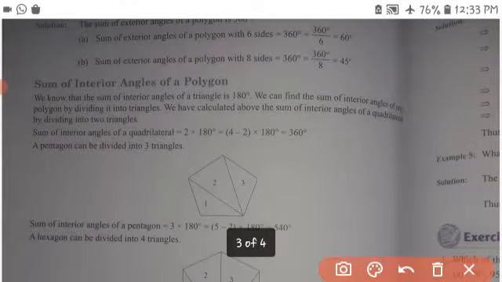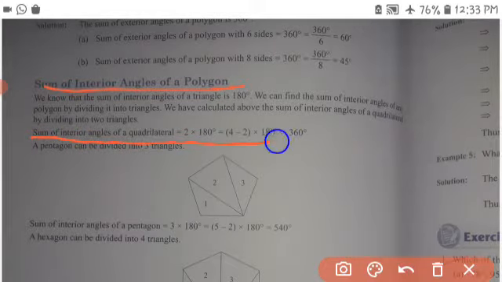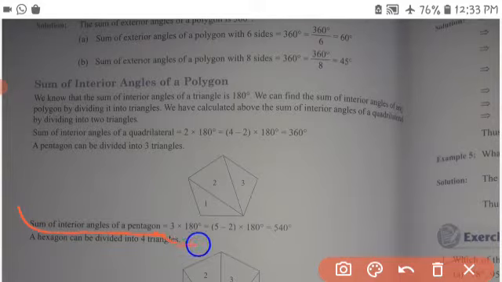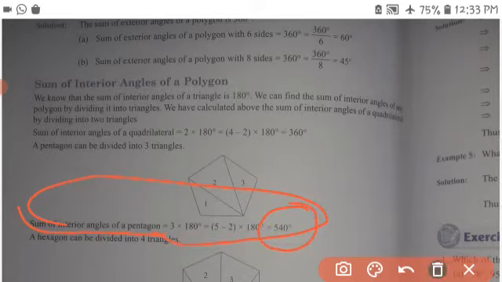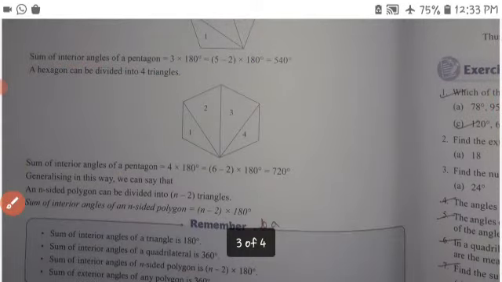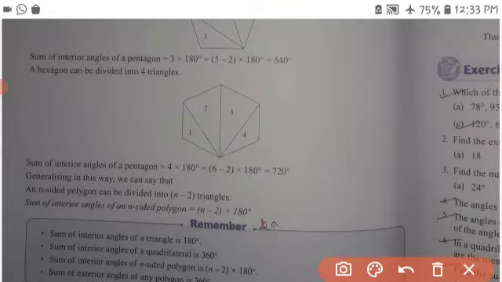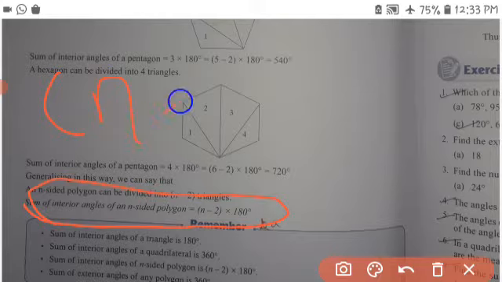Sum of interior angles of a polygon. The sum of interior angles of a quadrilateral is 360 degrees, and the sum of interior angles of a pentagon is 540 degrees. Now your formula is here: for an n-sided polygon, the sum of interior angles is (n minus 2) into 180 degrees.